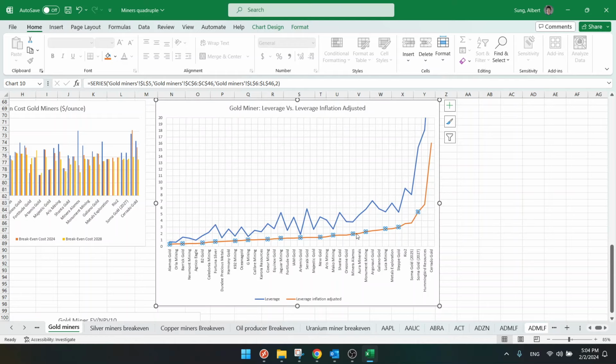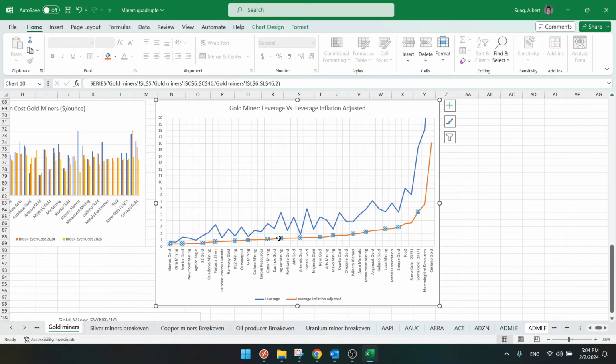And as you see here, most of these miners are below 1, so they have negative leverage to the price of gold, which means if gold goes up, then the price of these companies will go up less than the price of gold. So it's better to just buy gold if you are below 1.